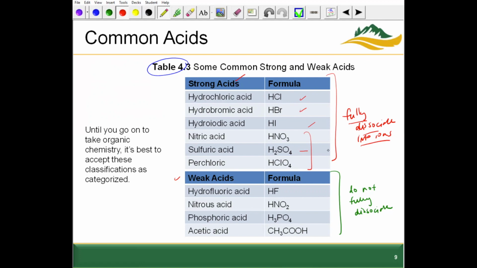Well, what about this example? From what we learned in part 1 of chapter 4, if we have 2H+ that dissociate, will this portion of the acid also dissociate? So we recognize this as a sulfate anion, SO4 2-. This is a molecular ion, so this will not dissociate further. So H+ will dissociate, but again, this polyatomic anion will not further dissociate.